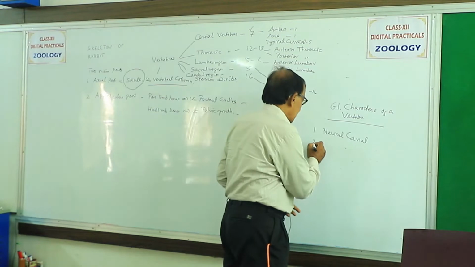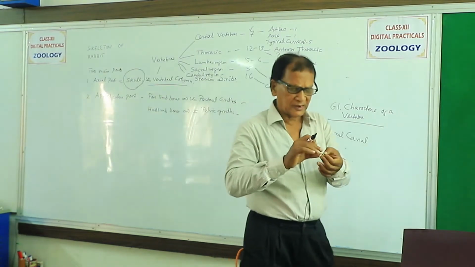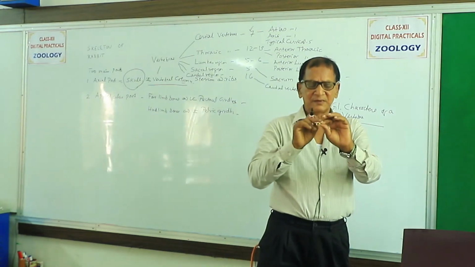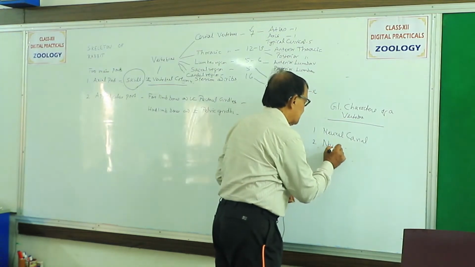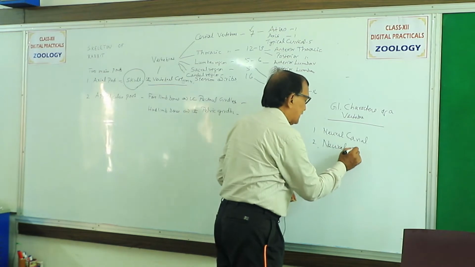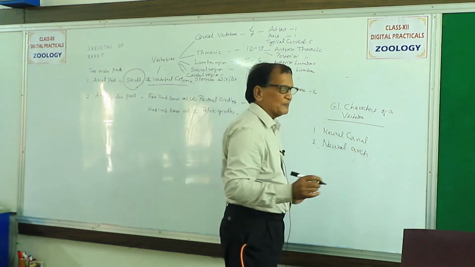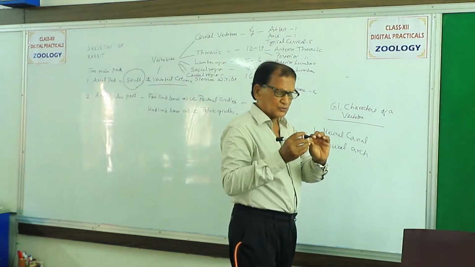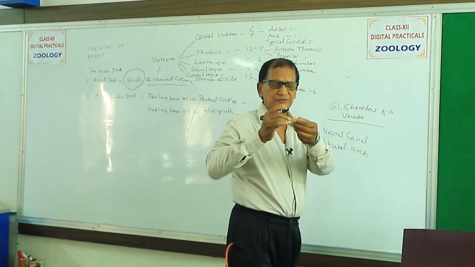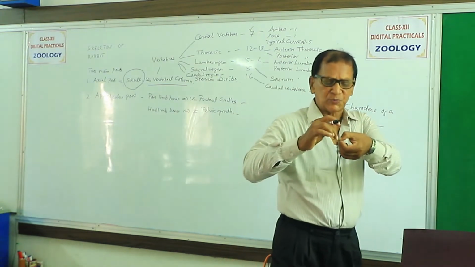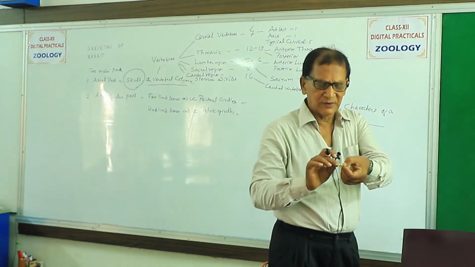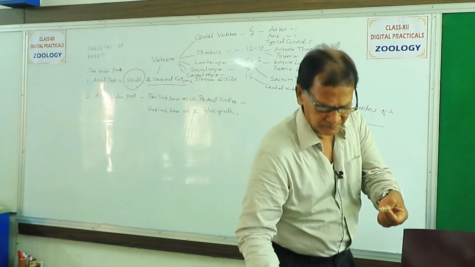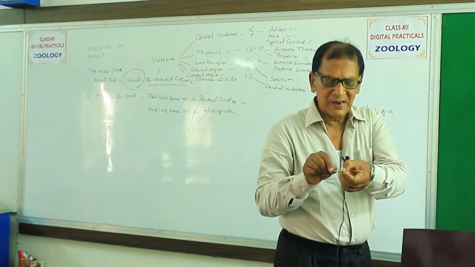Then around the neural canal, the body of the vertebra is called the neural arch. From this neural arch, dorsally, there is a projection, usually spine-like, as you can see in this, a spinous projection arising from the neural arch. So this is the neural canal.